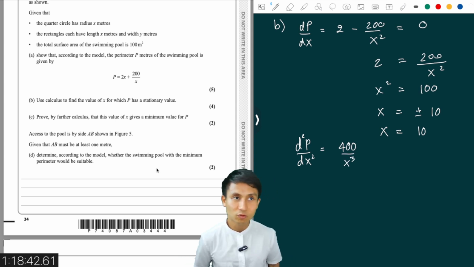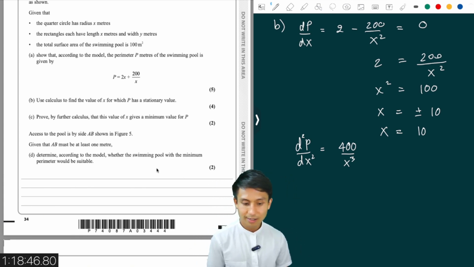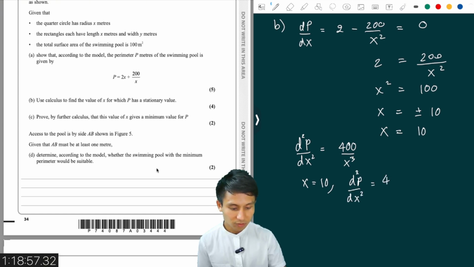All right, so I pull the minus 2 down, I get 400, multiplying the minus 200 there, and then power subtracted by 1. Now, if we plug 10 in there, d squared p over dx squared equals 400 over 1,000, which is 0.4, which is greater than 0. So therefore, it is a minimum.